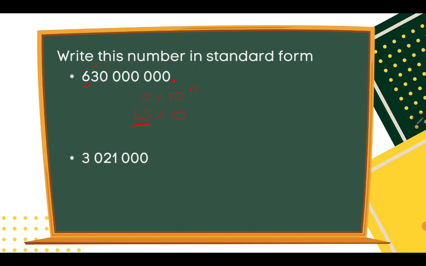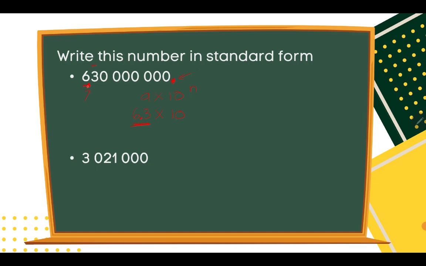So, do you remember that if you want to move the dot from here to here, then you will times it, right? You times it with like the base of 10. And the number of 0 will depend on how many jump you make from here, right, to here. Times it, okay?